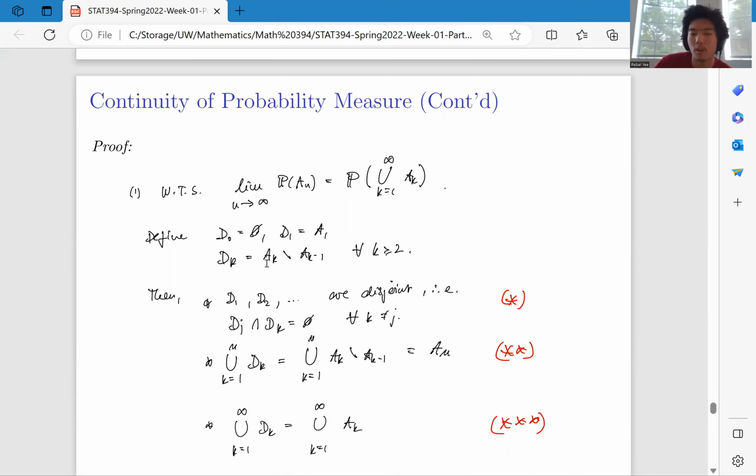So from now on, D means difference: the difference between this term and the previous term. D2 is A2 minus A1, and D3 is A3 minus A2. It is very obvious that D1, D2, D3, D4 are disjoint sets. The collection of all D is also disjoint.